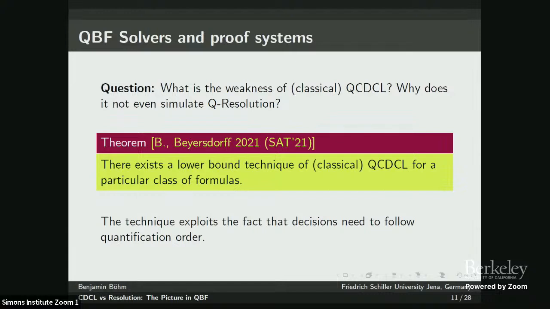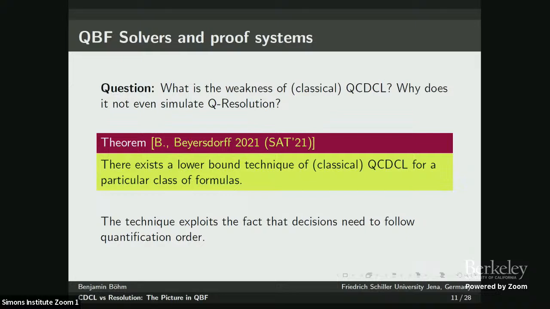Now, I do not have the time to explain this in detail, but this was also from 2021, from our SAT paper. We have shown that there exists a lower bound technique, so not only one lower bound, but a whole technique for classical QCDCL, at least for a particular class of formulas.